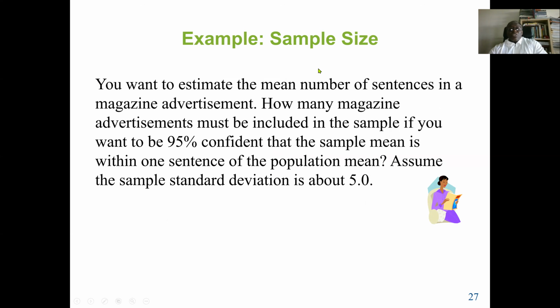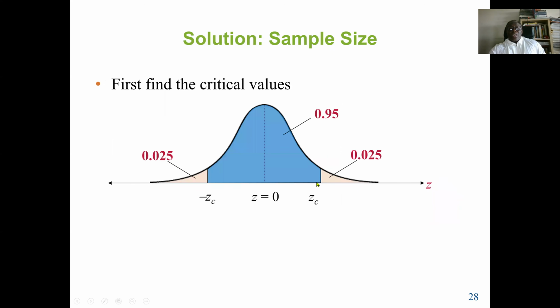So this is an example for sample size. Here you want to estimate the mean number of sentences in a magazine advertisement. How many magazine advertisements must be included in a sample if you want to be 95% confident that the sample mean is within 1 sentence of the population mean, assuming the sample standard deviation is about 5.0? So here we have the 95% confidence level, 0.025, 0.025.